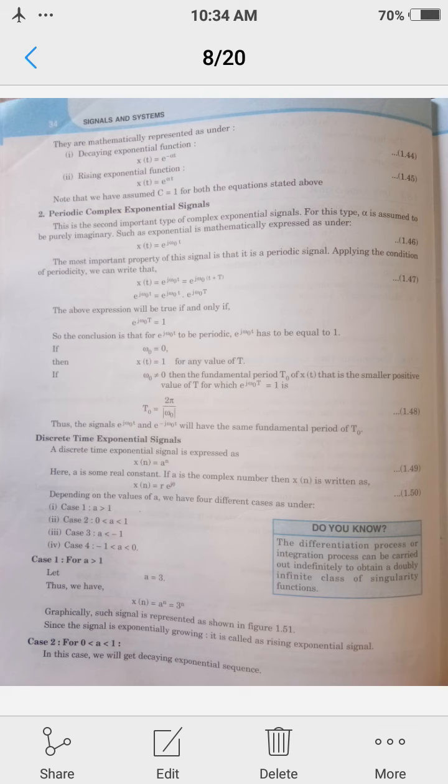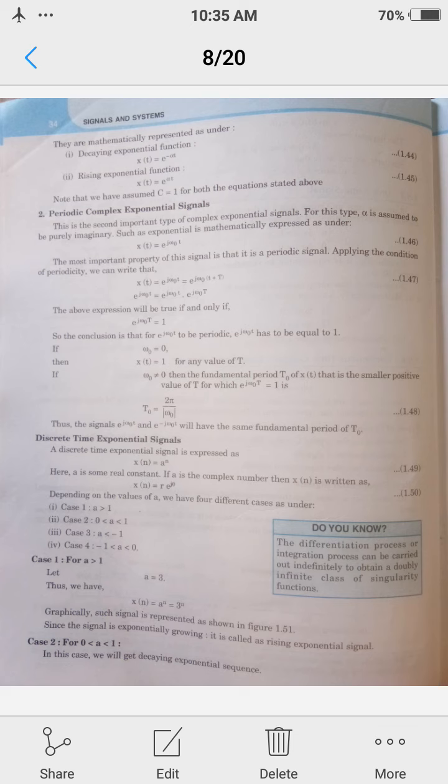If both the sides are same, then we say that the signal is periodic. Similarly here, x(t) is equal to e to the power j omega t. If it is equal to e to the power j omega (t plus T), then the function will be said to be the periodic function or periodic complex signal.